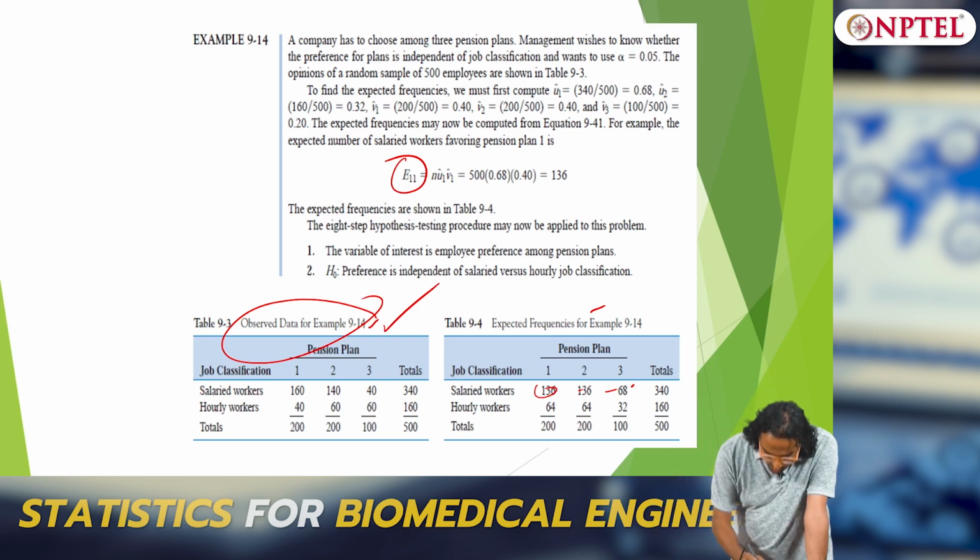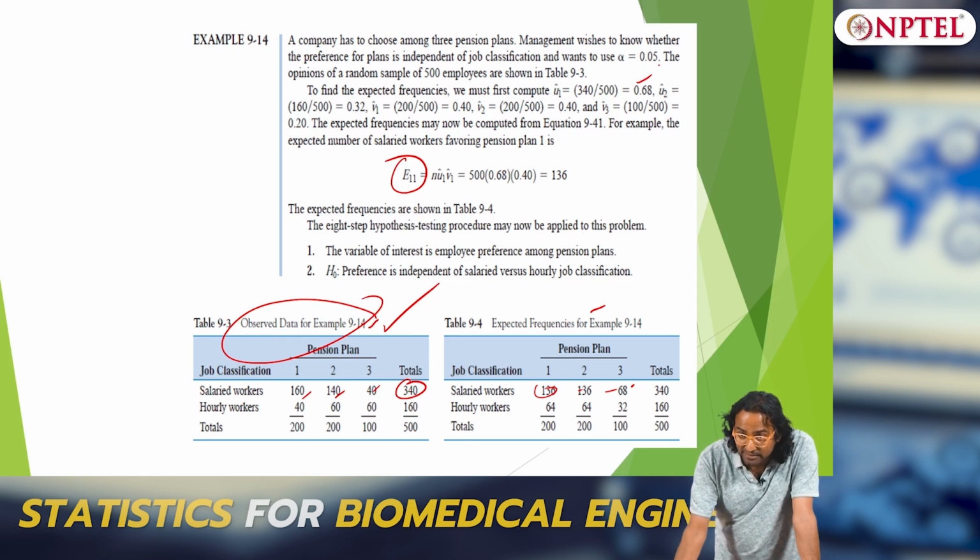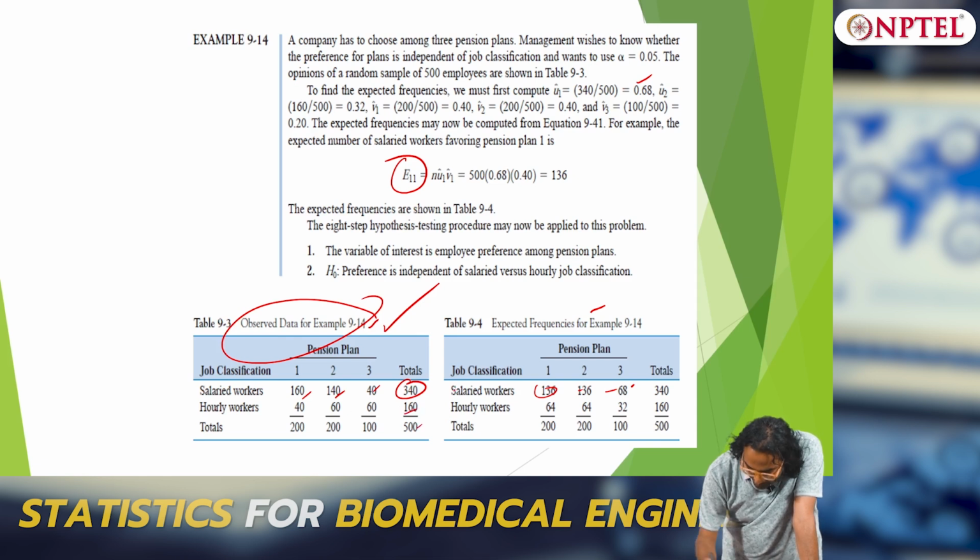So what is the first row? 160 plus 140 plus 40, 340, divided by n, which is 500. So u1 hat is 0.68. What is u2 hat? 40 plus 60 plus 60, 160, divided by 500, that is my u2 hat.